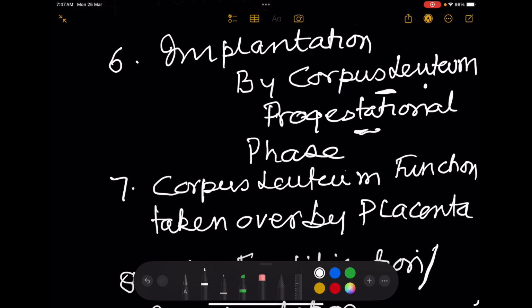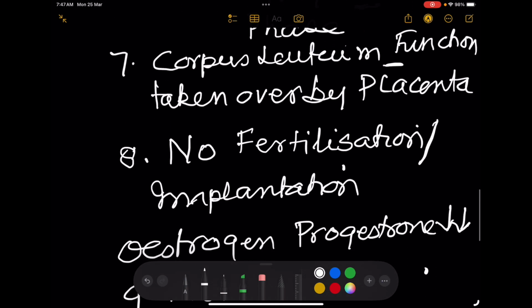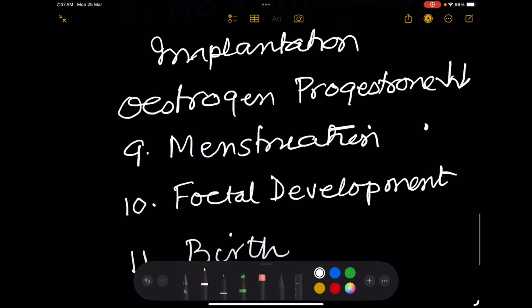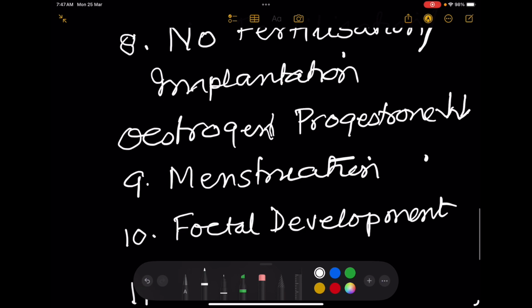Then the corpus luteum degenerates and its function of secreting progesterone is taken over by the placenta. If there is no fertilization and implantation, estrogen and progesterone decrease at the end of the menstrual cycle, and the entire endometrium is lost in the form of menstruation.